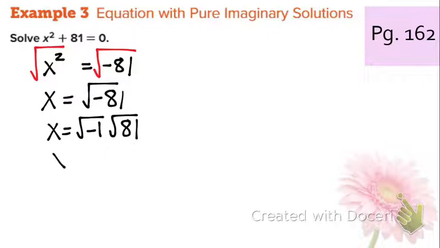So x is going to equal, so the square root of negative 1 is i. And 81 actually is the number in our box. What is the square root of 81? 9. Now, whenever you're solving an equation, though, you have to add that plus or minus in front. So your answer would be x equals plus or minus 9i.